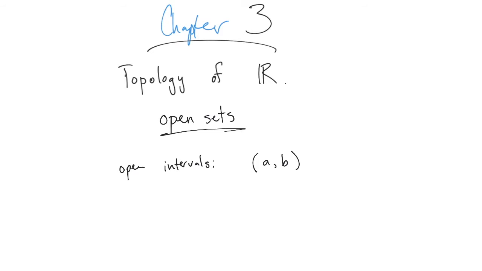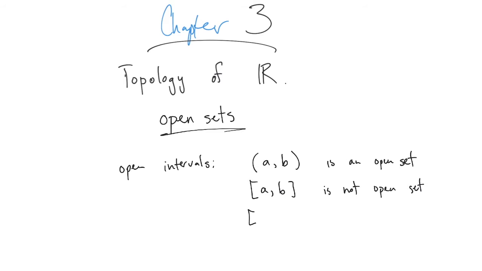Actually, it is an open set also. The definition of open set is meant to encapsulate the same idea as what we mean by open interval. The closed interval here is not an open set, according to the definitions that we're going to talk about today.